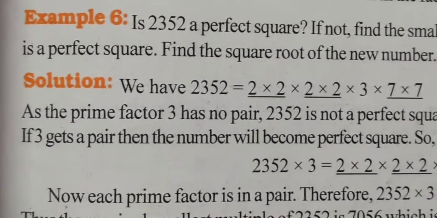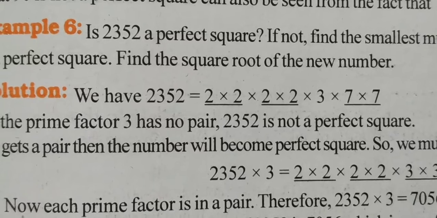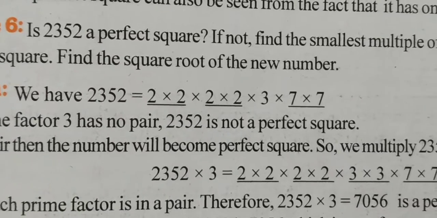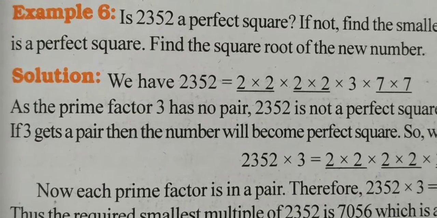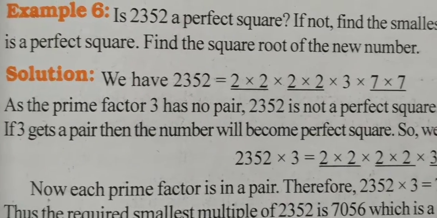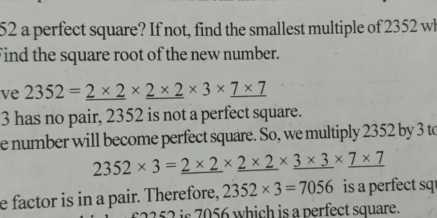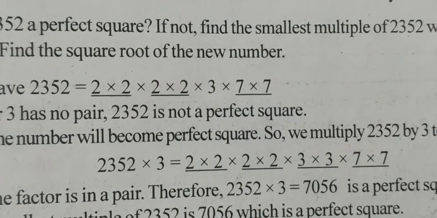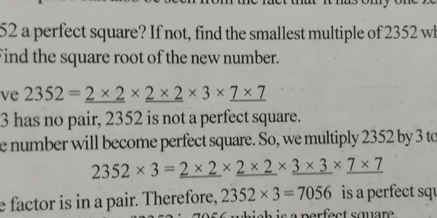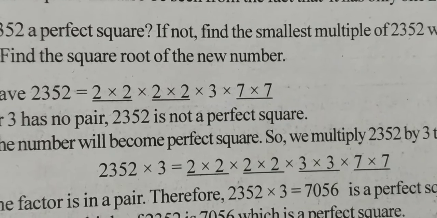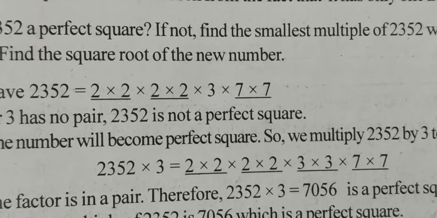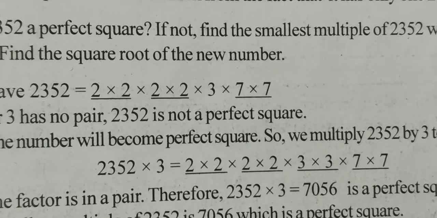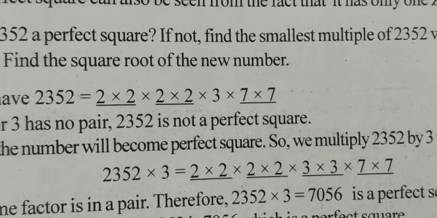As prime factor 3 has no pair, 2352 is not a perfect square. So the number which is left out alone will be the smallest number that has to be multiplied to 2352 to get a number which is going to be a perfect square. For that, what is the process you have to do?